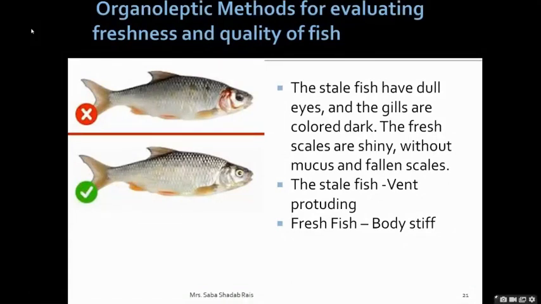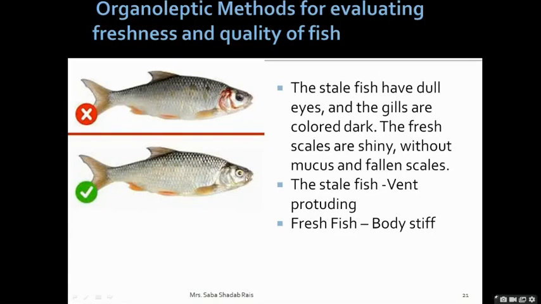First, they observe the eyes. Fresh fish will have predominantly normal-looking, glistening eyes. You can see here the right mark is for the fresh fish. You will observe that the eyes are not sunk; they are proper. But if you compare fresh with stale, you will observe that the eyes of stale fish are dull.